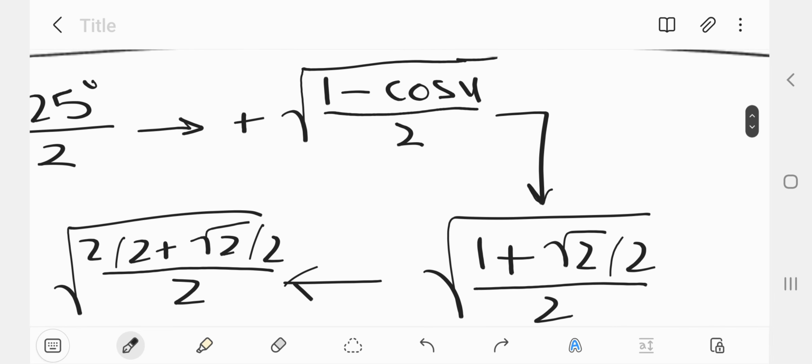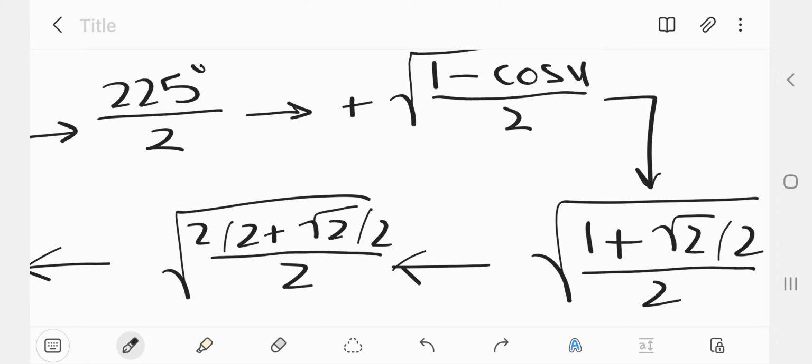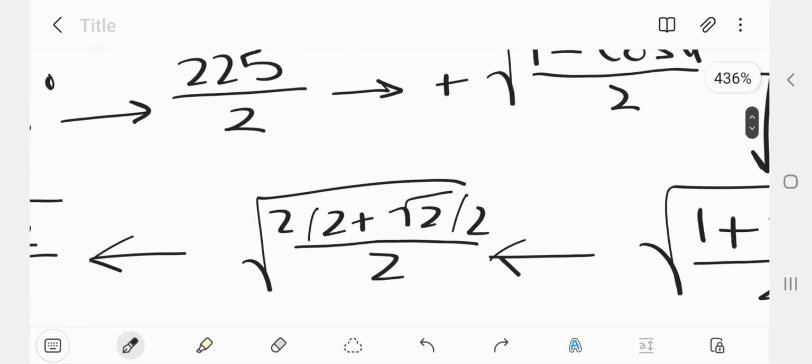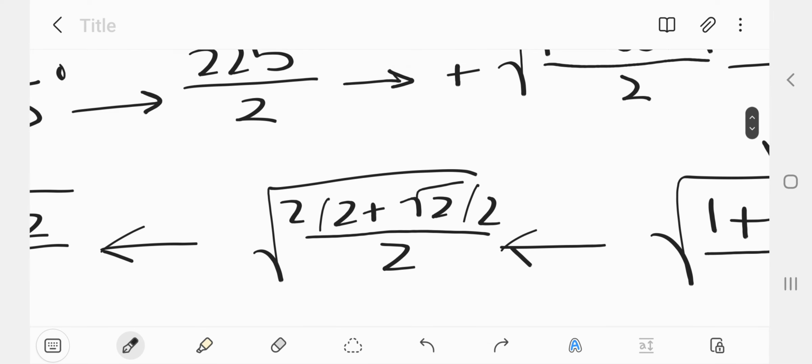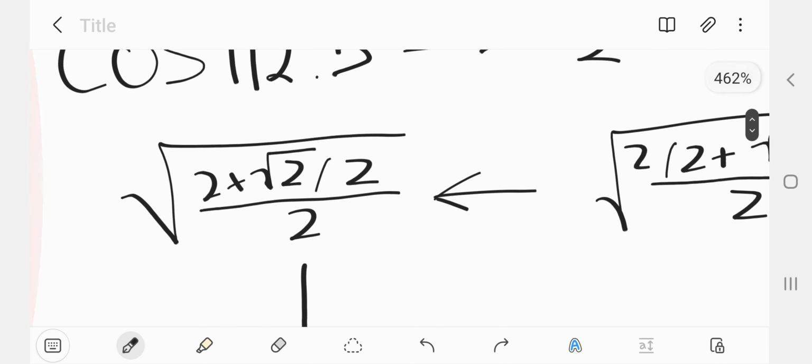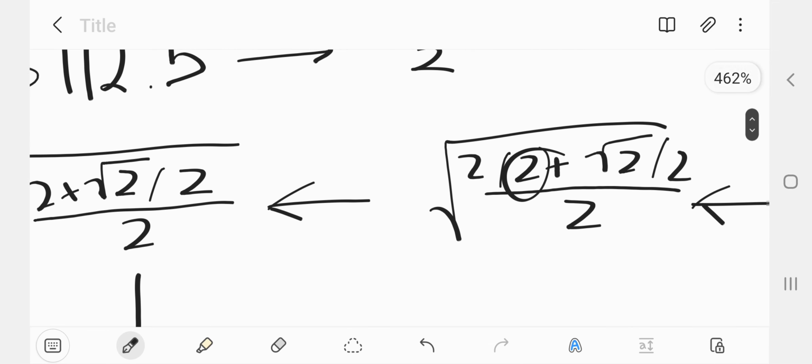So the next step will be to try and add these two terms, this 1 and this root 2 over 2. How could we add them? Well, the denominators are not the same, so we're going to make the denominators the same in order to add them. So 1 is the same thing as 2 over 2. I'm doing this step by step, showing you every single thing we're doing here. Then we can add the numerators, because now these denominators are the same.